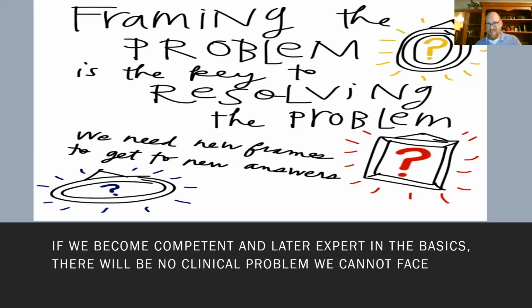But if we break things down into component parts, and we become very fluent and confident and good at those basic things, we can become very, very good at evaluation and rehabilitation of the upper extremity.